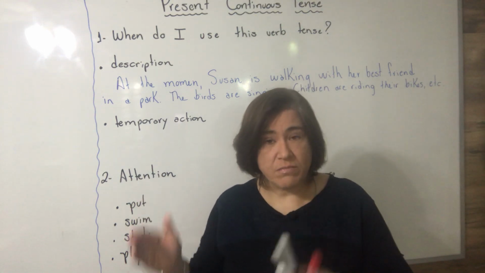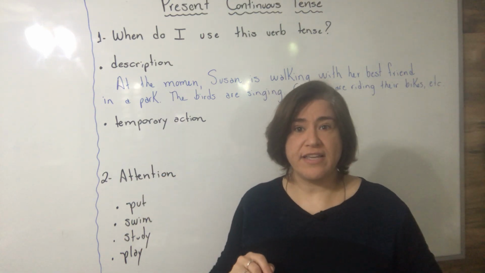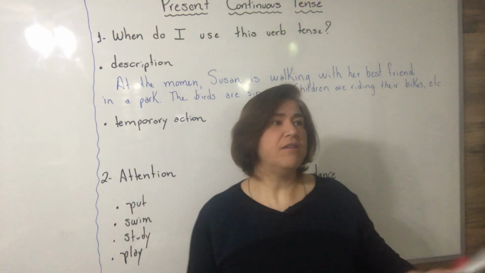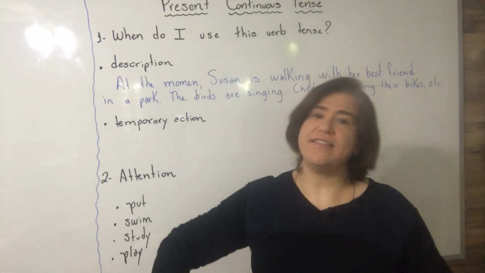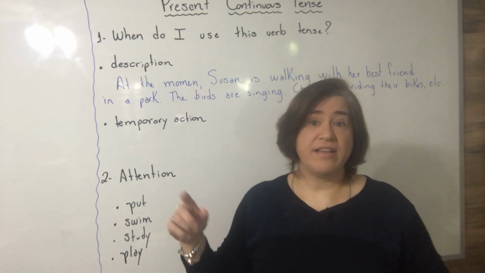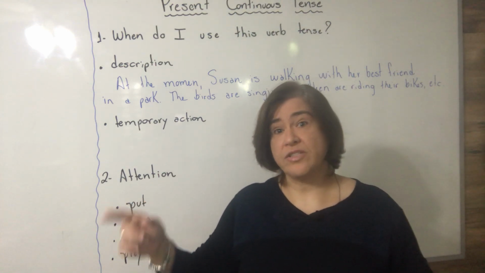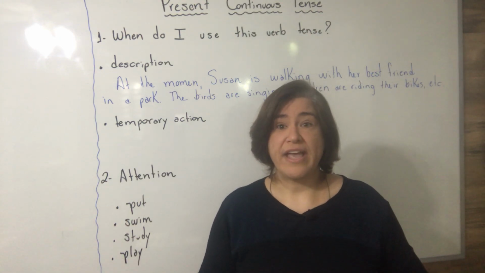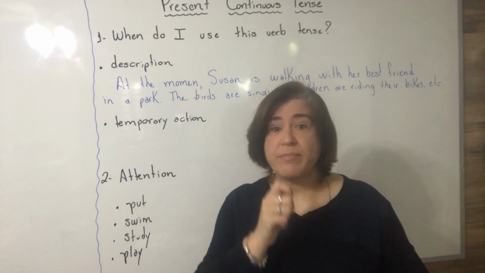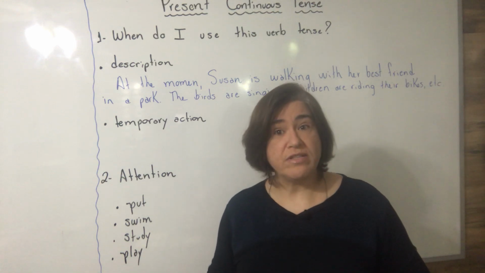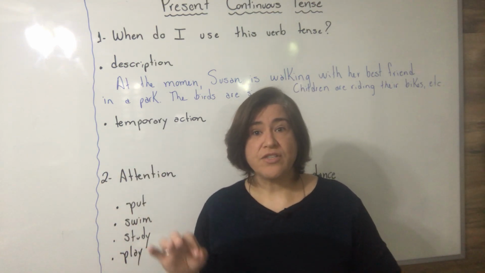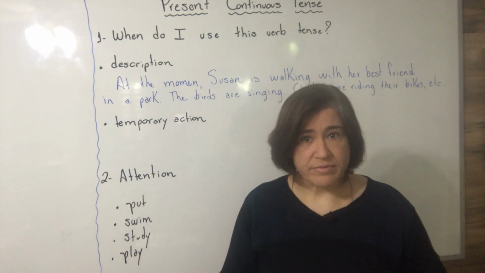At that moment, birds are singing, and the sun is shining, and there are couples walking hand in hand, and there is the hot dog stand selling hot dogs. We have children having some ice cream cones. See, description. So we are describing the moment, okay?